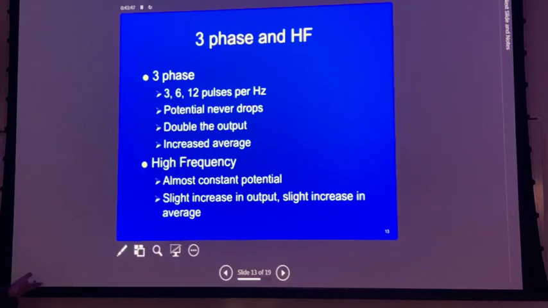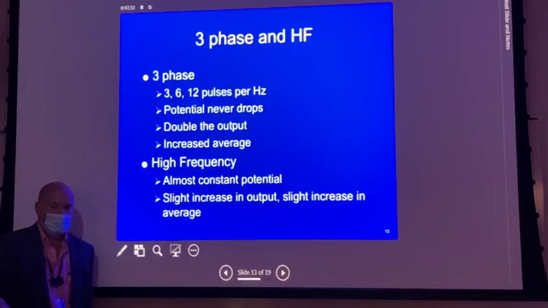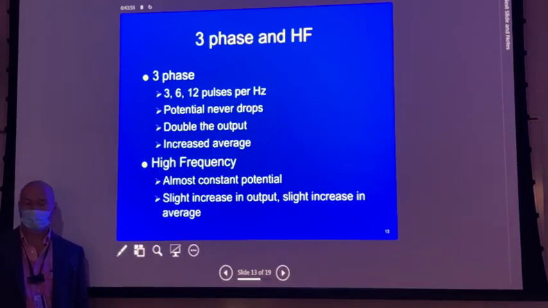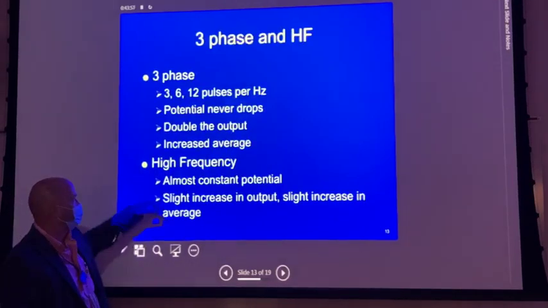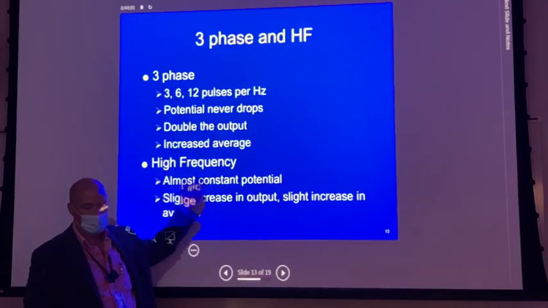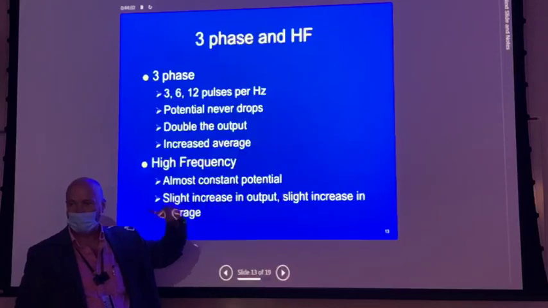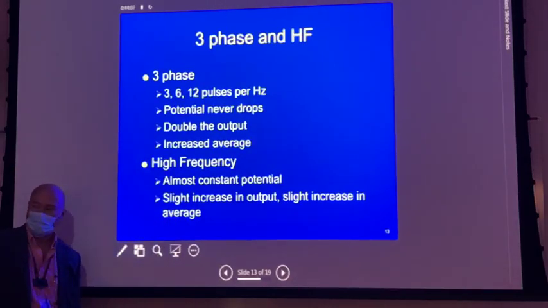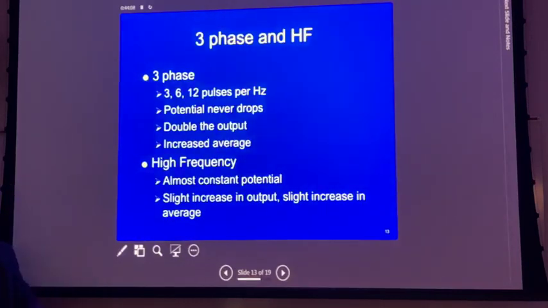I was talking to a Biomed guy one time, this was years ago, and he was saying that they were working on a constant potential generator. Well, remember what your voltage ripple is on a high frequency unit? Less than 1%, so it's almost zero.